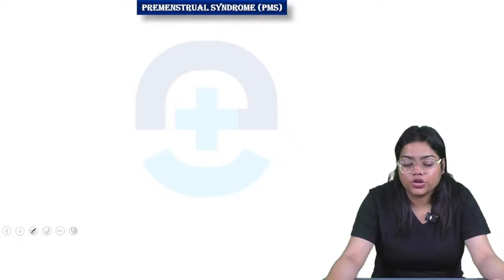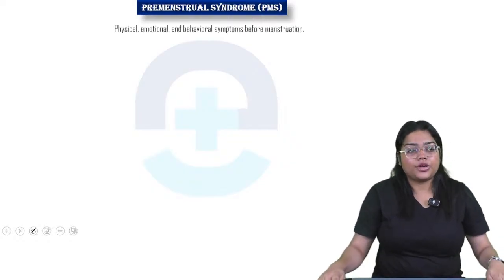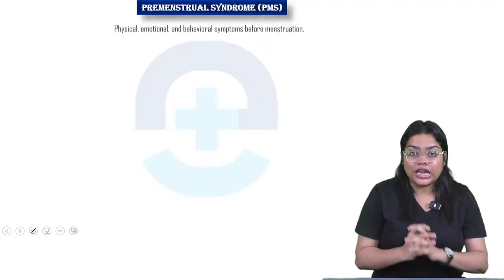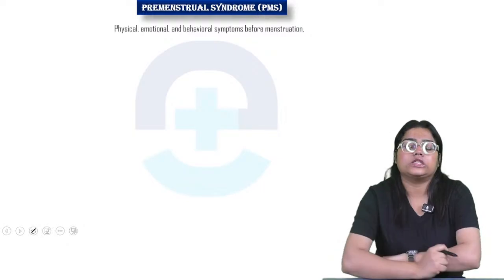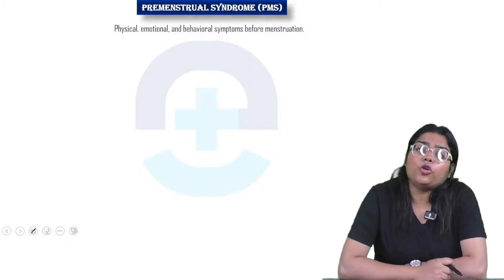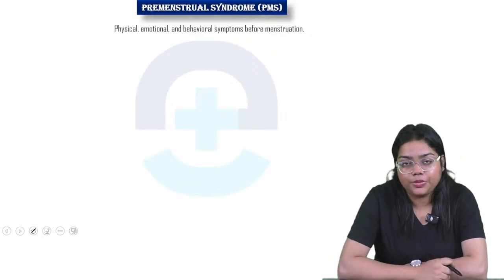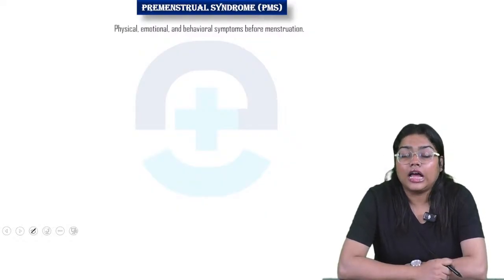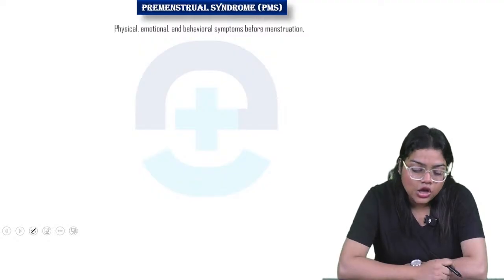Next is premenstrual syndrome. So what is premenstrual syndrome? Sometimes, because of the environment, the lifestyle and genetic causes, before the proper age of getting puberty, the girl will have their menstruation cycle symptoms. So the physical, emotional and behavioral symptoms come before the menstruation.